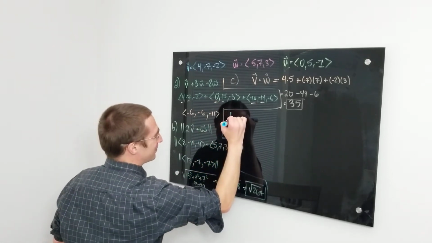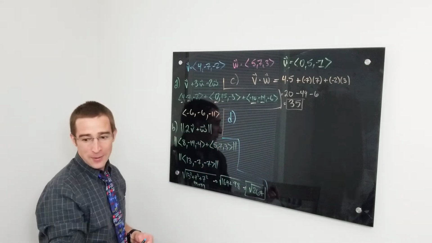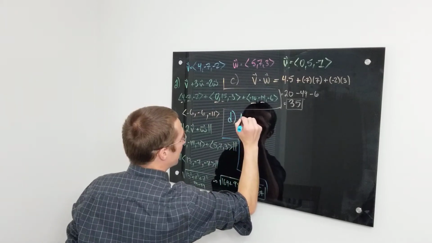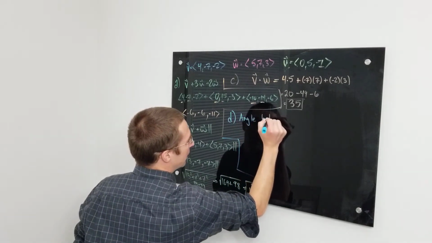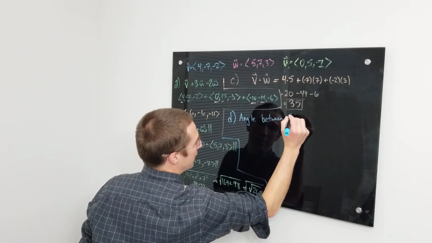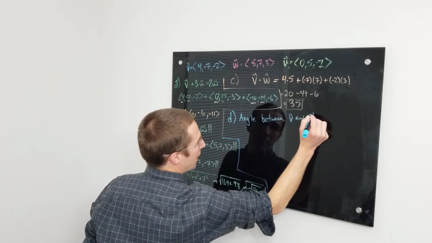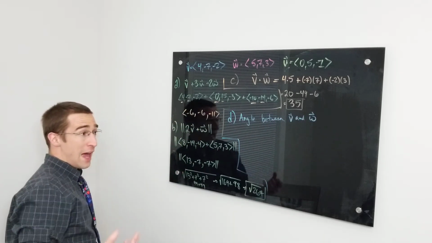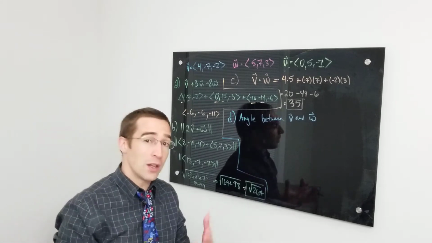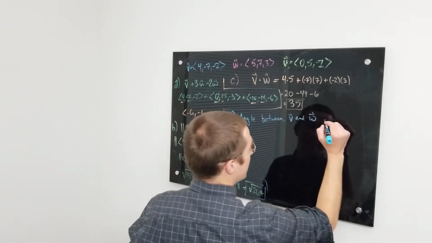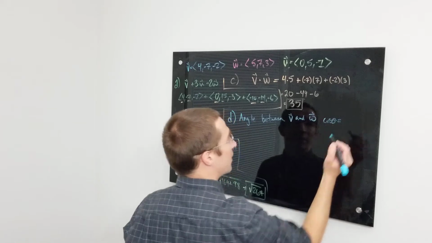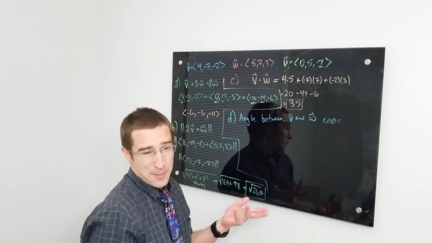All right. So problem D, I want the angle between V and W. In order to find that, one of the ways is using the same formula as we did with 2-space back in chapter 6.